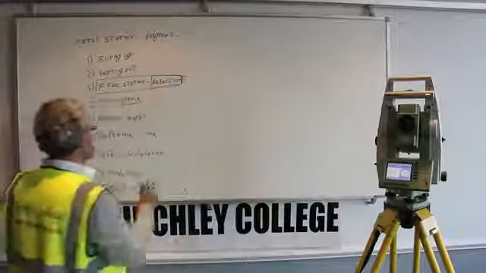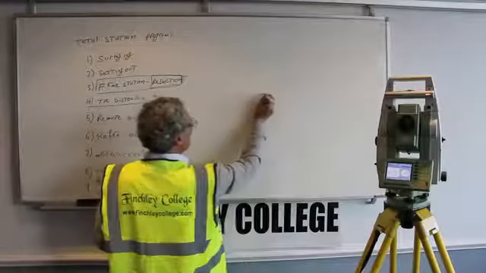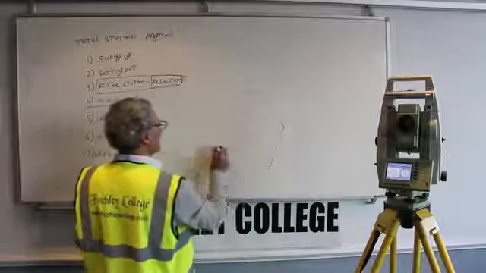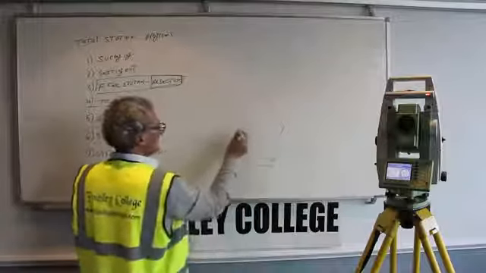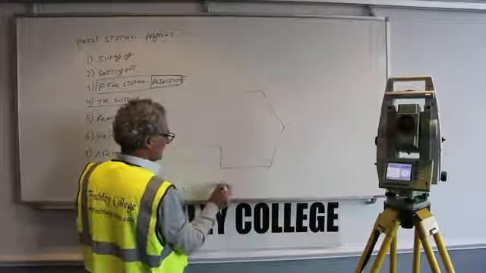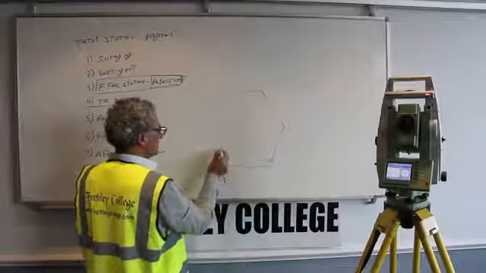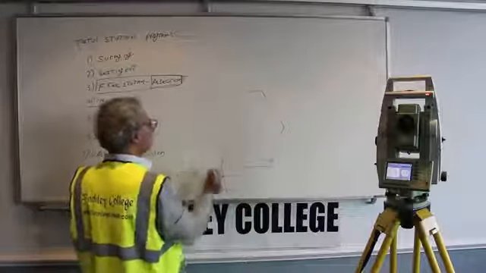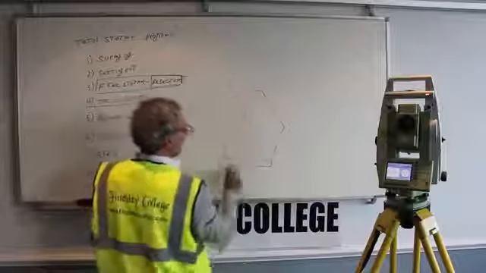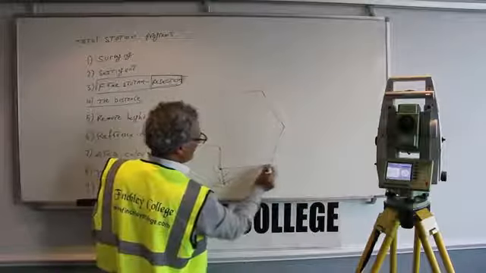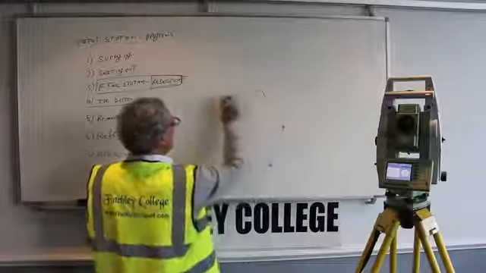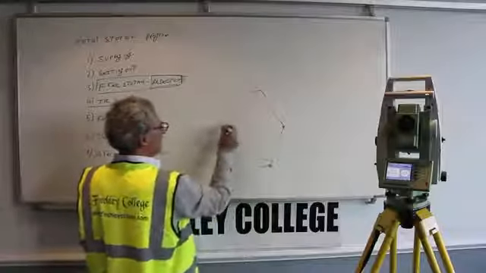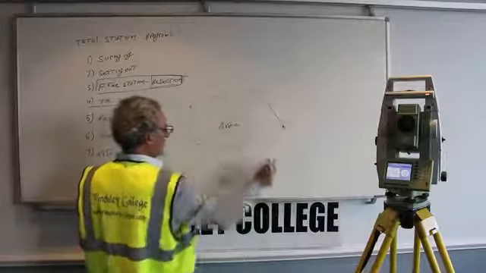The next one is area calculation. You can, for example, measure the area of an irregular shape. You can set up your instrument anywhere here, for example. You can sight to various points, corners, and as you sight, the instrument will calculate the coordinates for these, and it will tell you the area within these points.